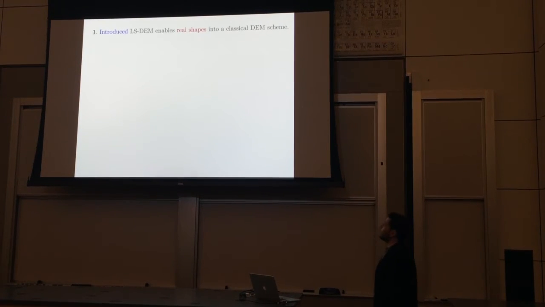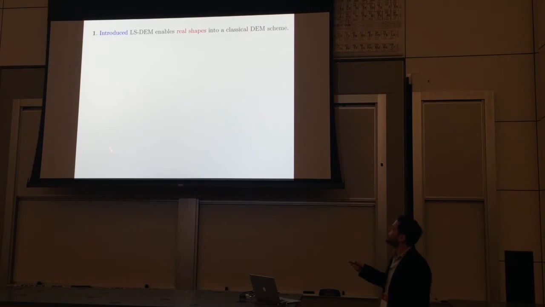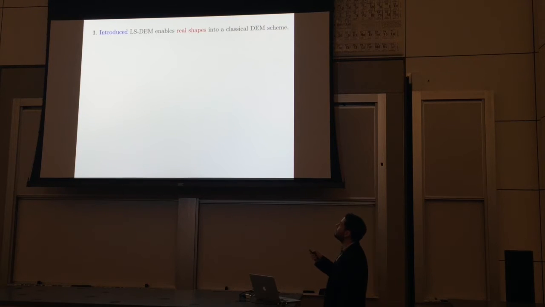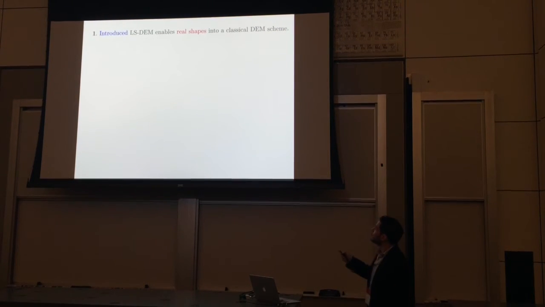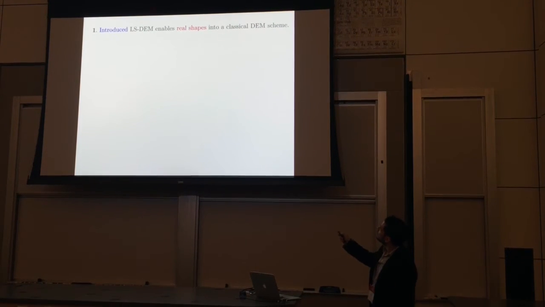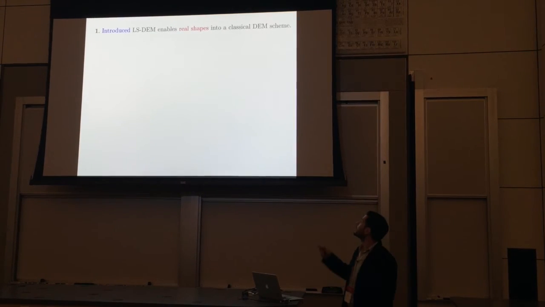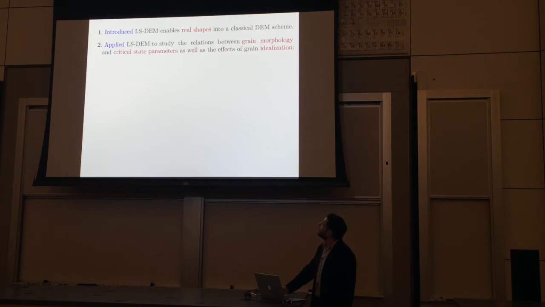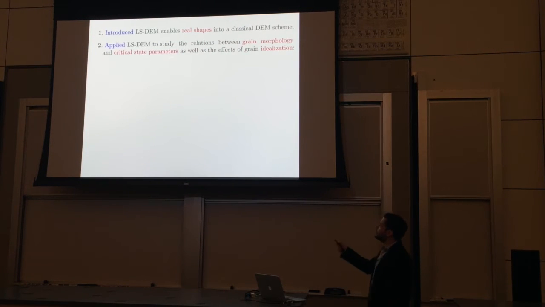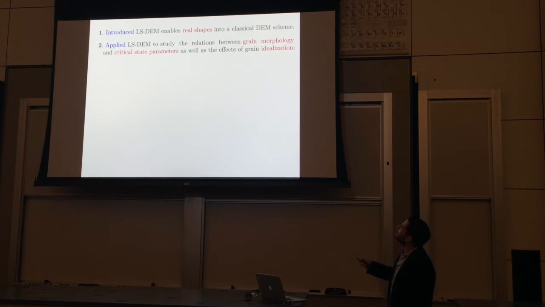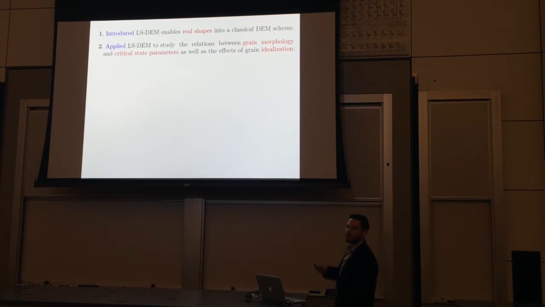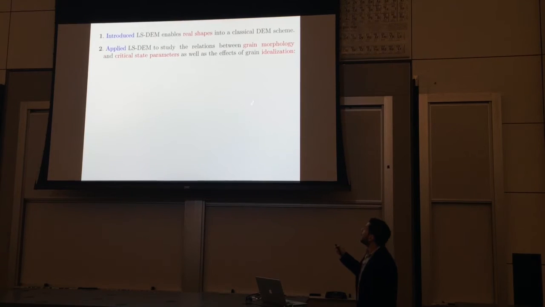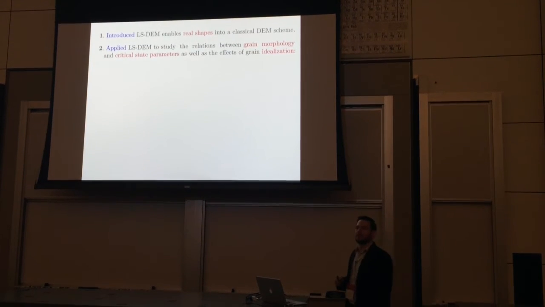The first thing that we did is we introduced a new method, LS-DEM, level sets DEM, which enables us to include real shapes into a classical DEM scheme. Then we applied this new technique, LS-DEM, to study the relations between grain morphology and critical state parameters, as well as the effects of idealization.